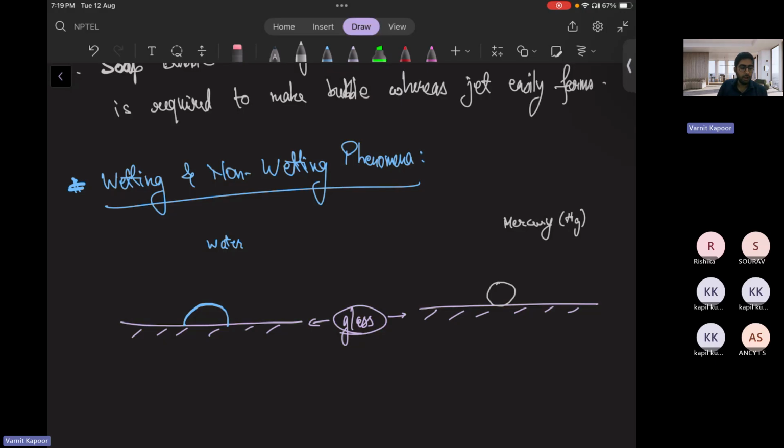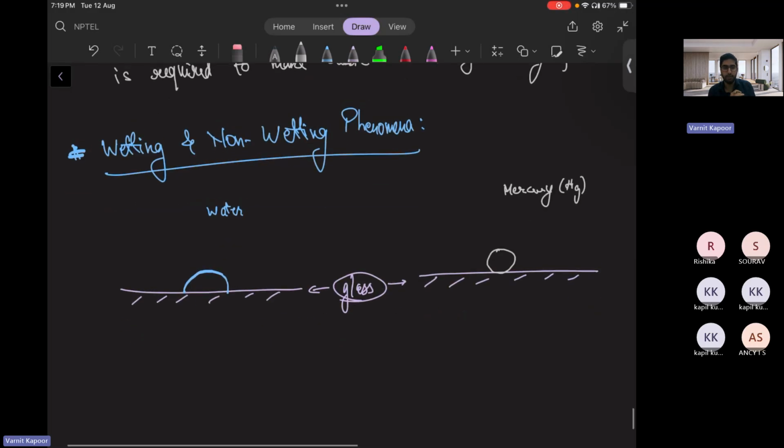Okay. So when adhesive forces are greater than cohesive forces, that means sticking, adhesion is nothing but sticking, greater than the intermolecular cohesion, then you can say that the liquid will wet that surface. So here in this water scenario, water is sticking to the surface. That is why you are seeing this kind of thing.